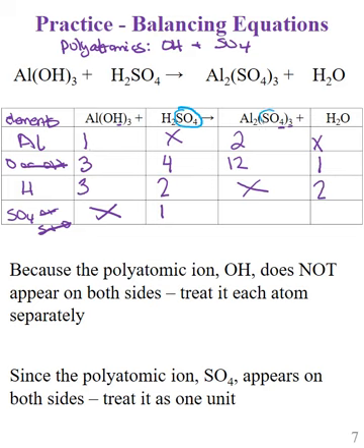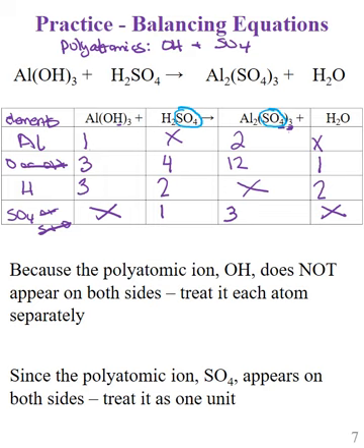For the third molecule, how many SO4s do I have? I will have a total of 3 because of that subscript 3. And for water, how many SO4s? None, so I don't have to look at it.